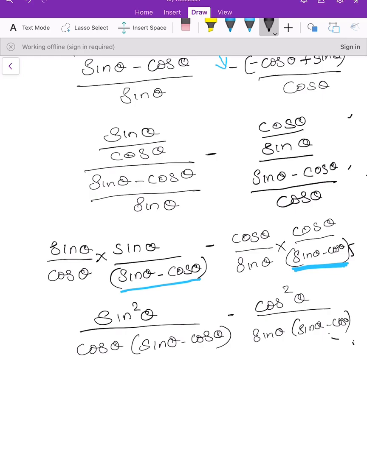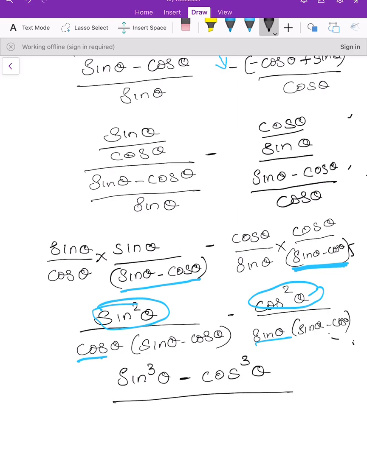Only the cos will be multiplied with this cos, and this sin with this sin theta. So when I multiply this sin with this, it becomes sin cube theta minus cos cube theta, by, when I multiply these both, cos theta into sin theta. Because this is the same, it will not have any effect on it. I can write it as sin theta minus cos theta.